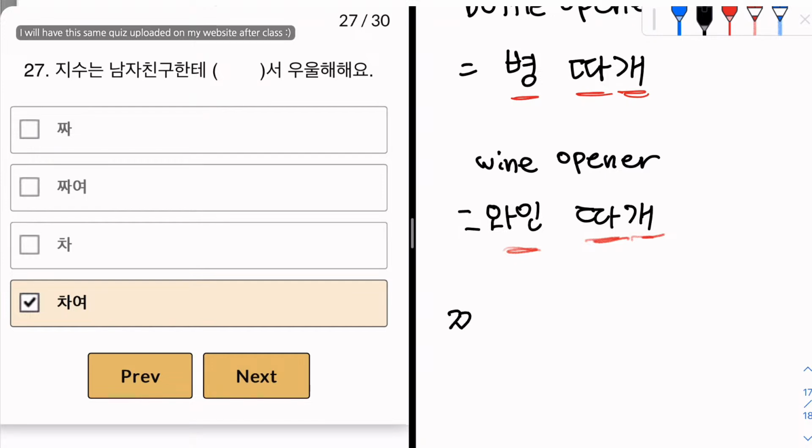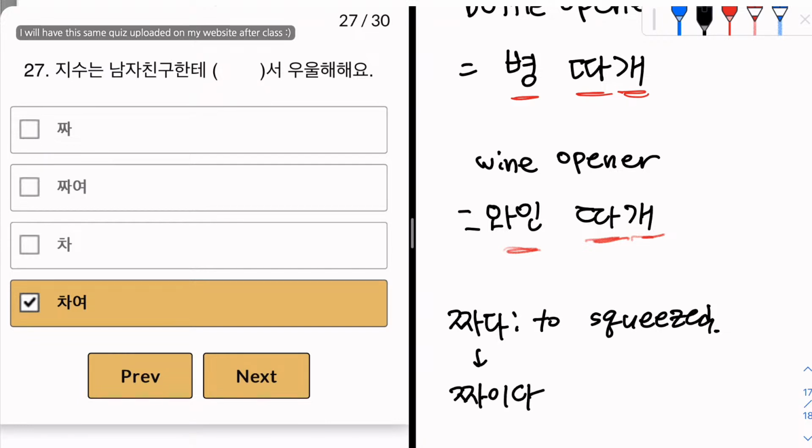So 짜다 means to squeeze something, right? Squeeze. So 남자친구한테, so 짜다's passive form is 짜이다. So it's very unlikely for a person to be squeezed by another person and then feel depressed. So 짜이다 is not the answer. And 차다, we learned it means to kick, right? And it also means to dump, like your boyfriend or girlfriend.